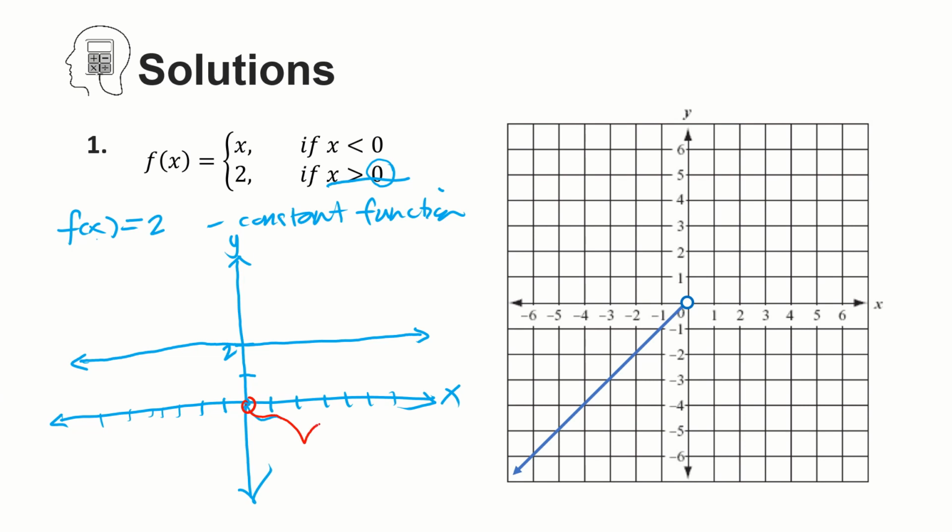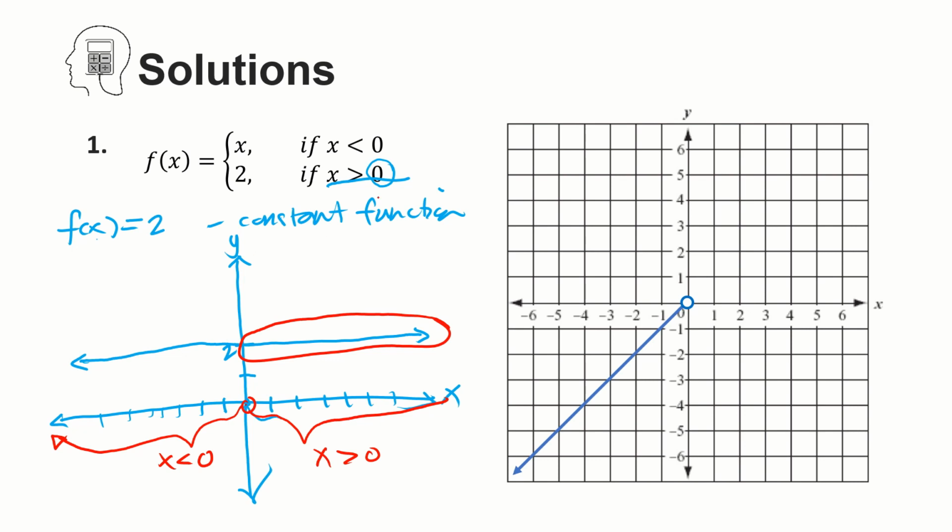From this point to this, moving towards this direction, the value of our x here is greater than 0. While from this point, the point of origin, moving towards this direction, the value of x is less than 0. So in our condition, f of x is equal to 2 if x is greater than 0. So therefore, we need to retain this side of the graph.